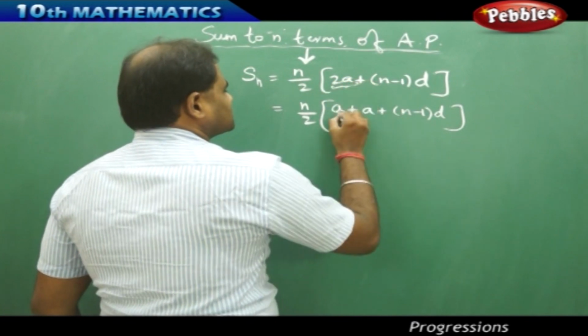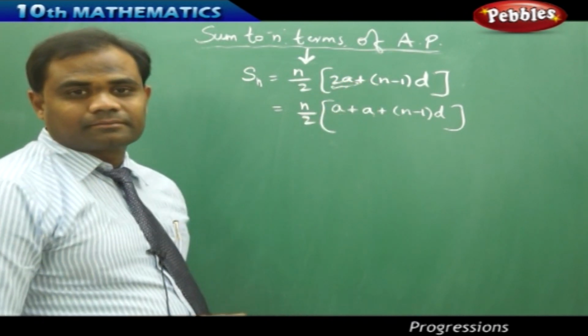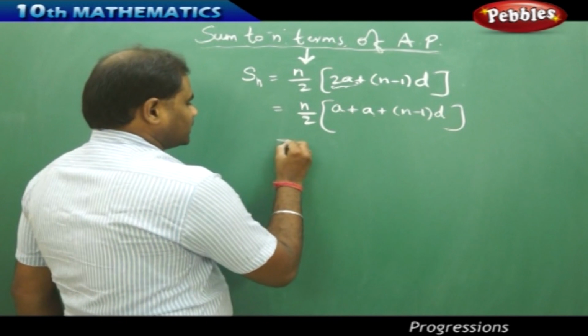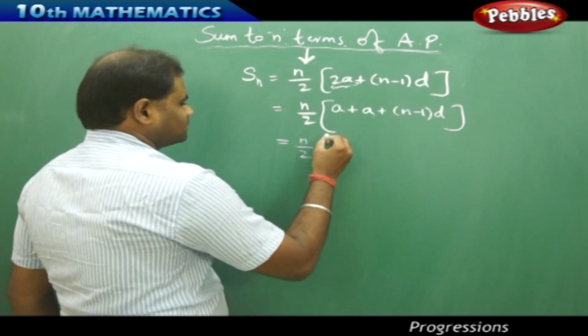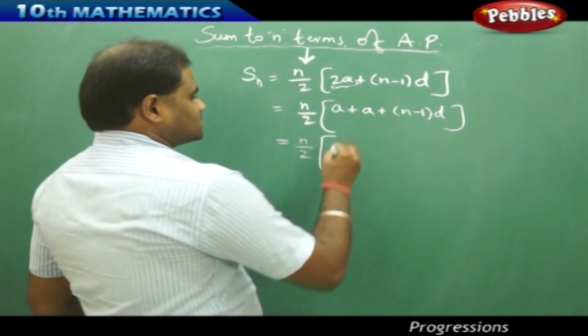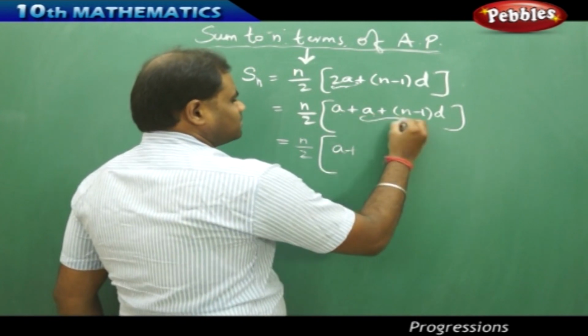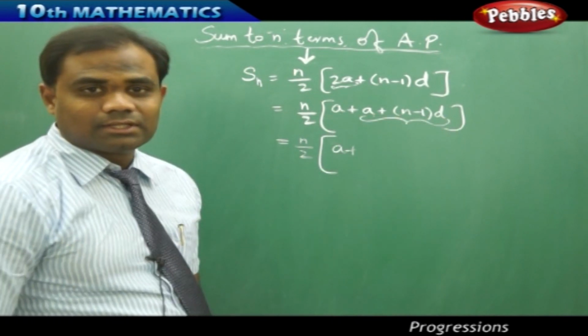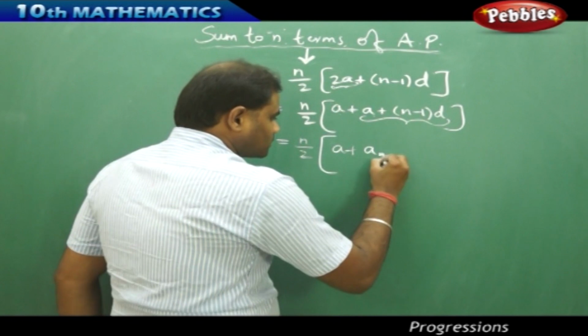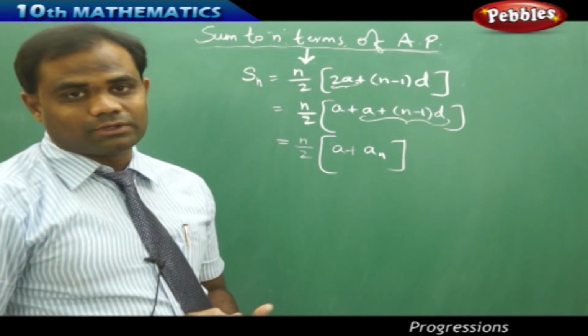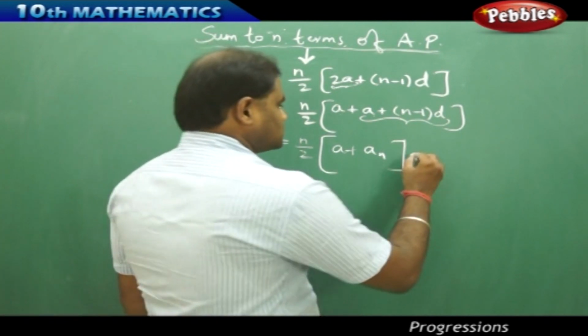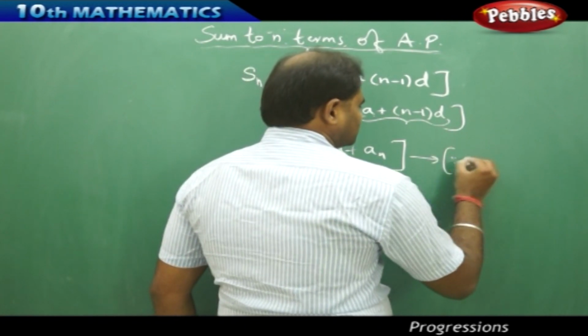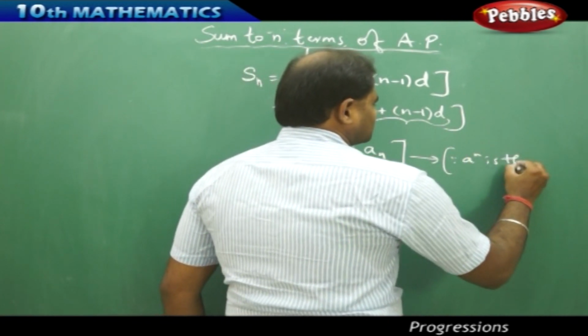So this is split as a plus a. Next, I get a plus (n minus 1) into d, which is identified to be the nth term an, which we already discussed, since here an is the nth term.